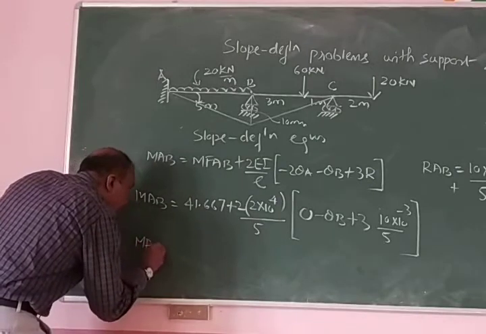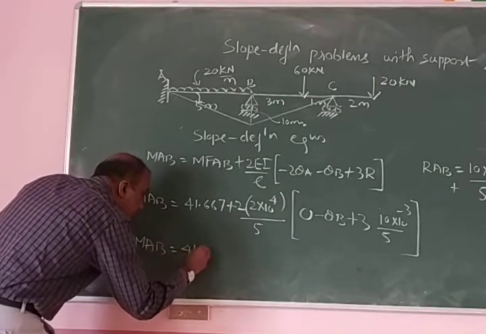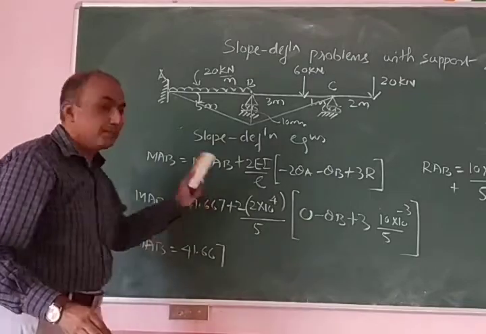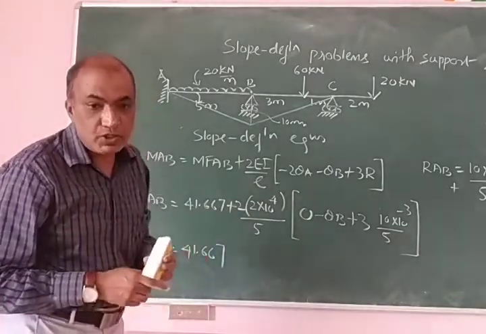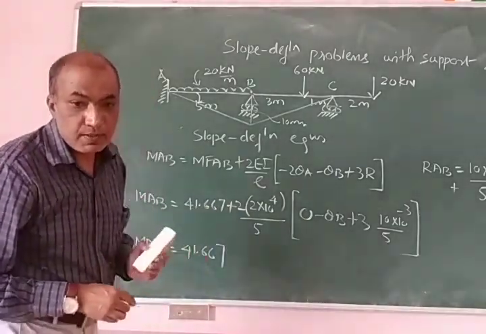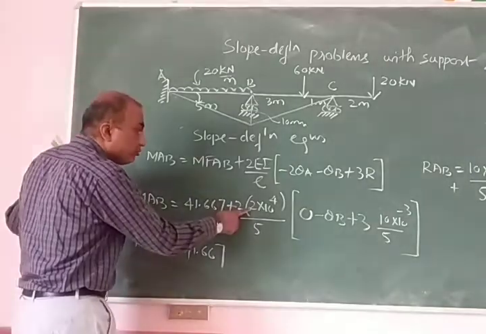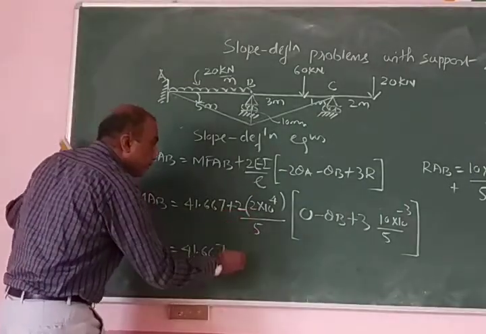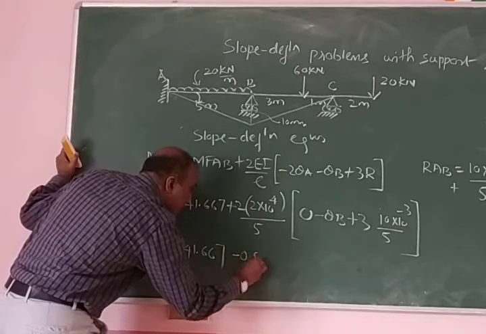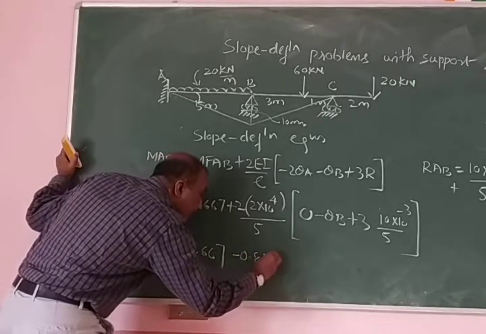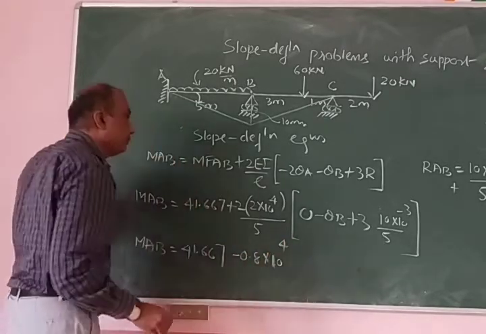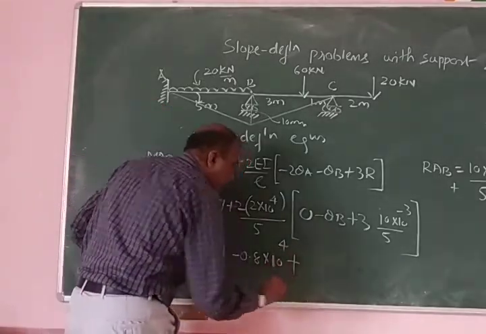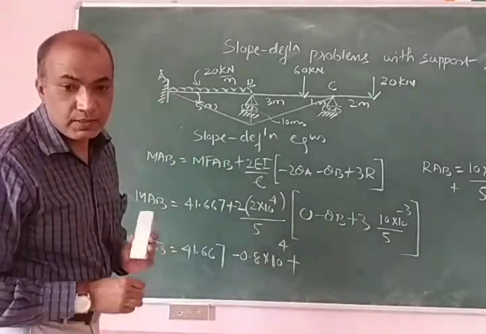MAB will be equal to 41.667. You can simplify. You are going to get minus 0.8.